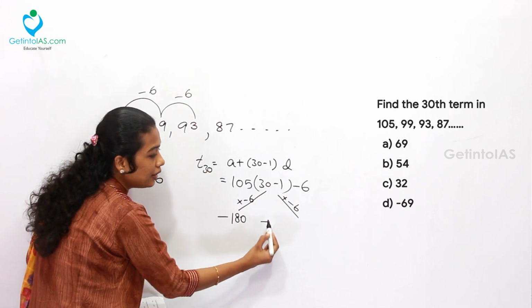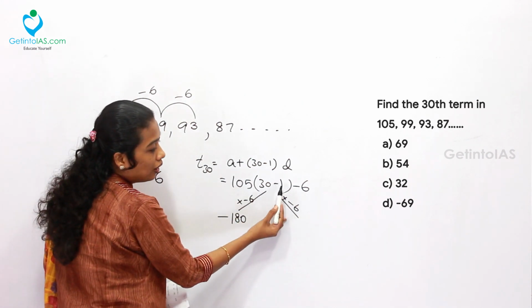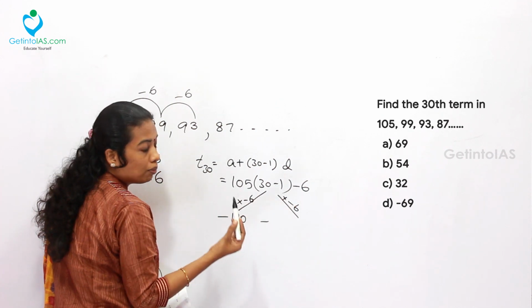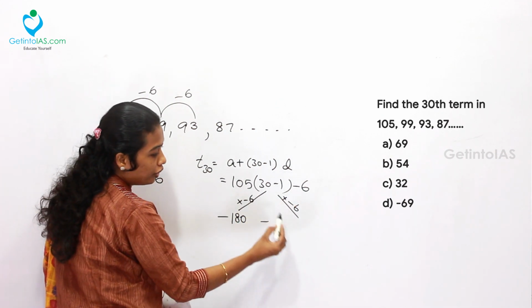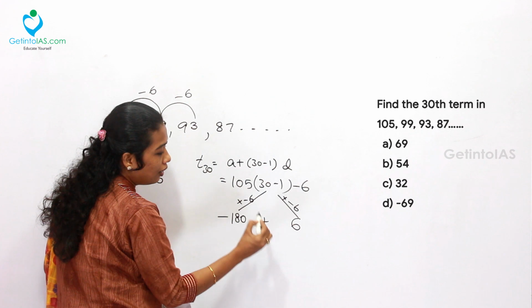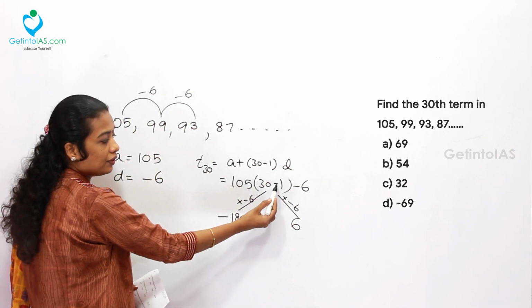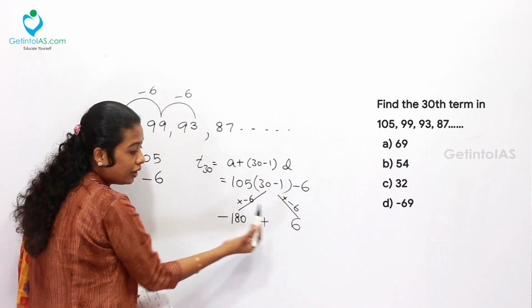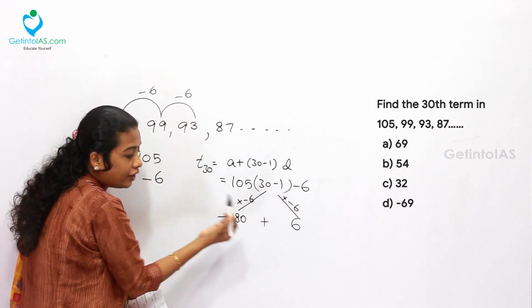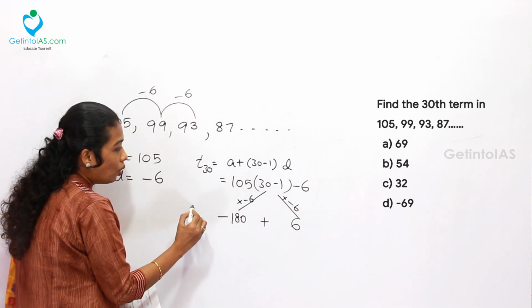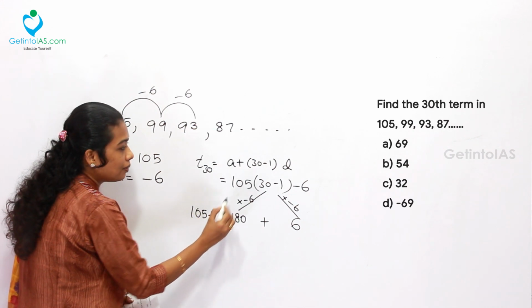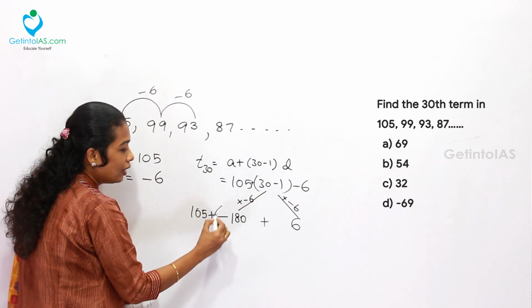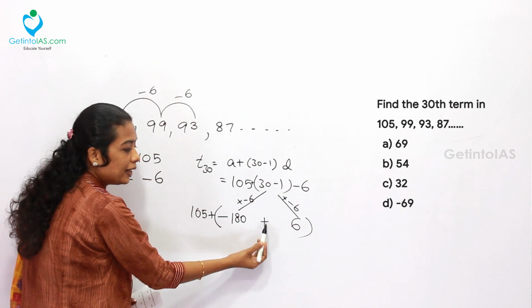So, the minus symbol, let it be. Here, minus 1 into minus 6 is going to be 6, so here plus. Why? Because minus 1 into minus 6 is plus 6. Now, 105 is here: 105 plus minus 180 plus 6.